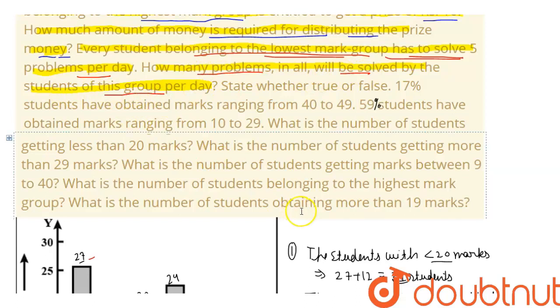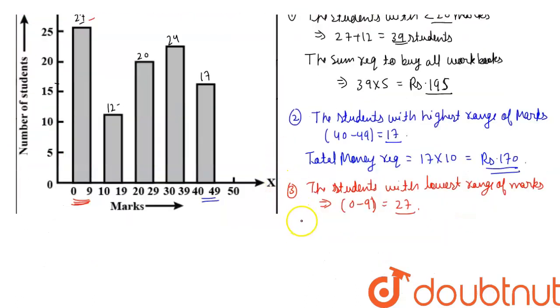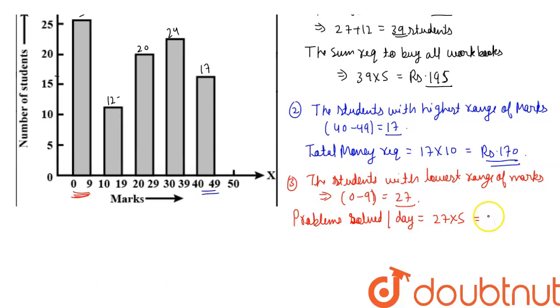So since there are total 27 students, the problems solved per day by all students would be 27 times 5, because each student would be solving 5 problems and there are 27 such students, so it would be 27 into 5. If we solve this, then there would be total 135 such problems. So 135 problems would be solved per day by the students who have got the marks in this lowest range, that is 0 to 9.